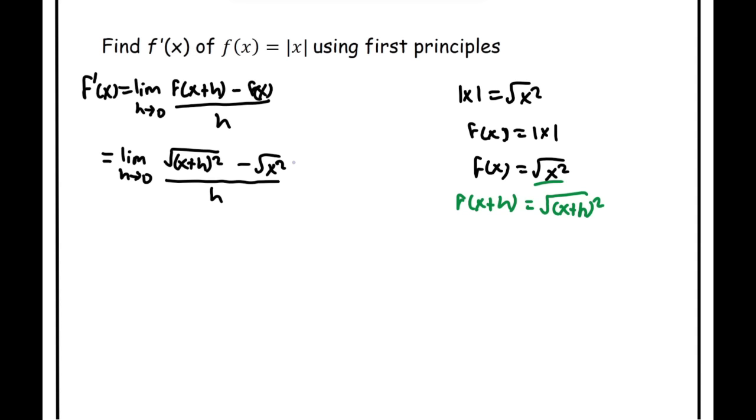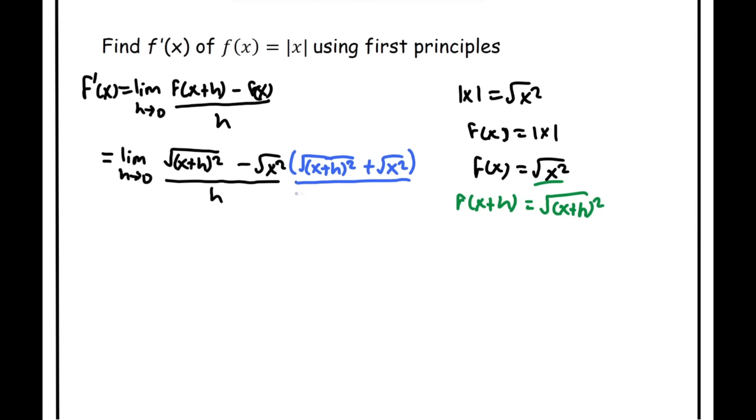So we multiply the top and bottom by the conjugate of the numerator. The conjugate being the square root of x plus h squared, and the conjugate will change this middle symbol, so that's plus the square root of x squared.